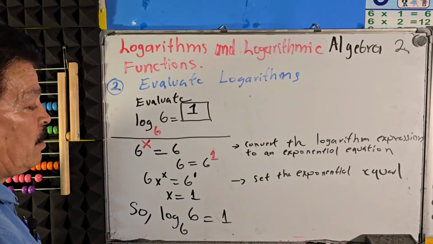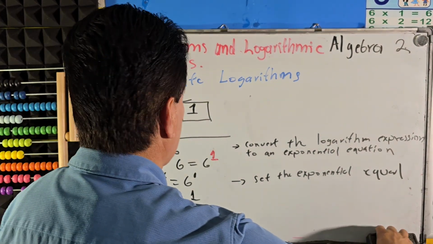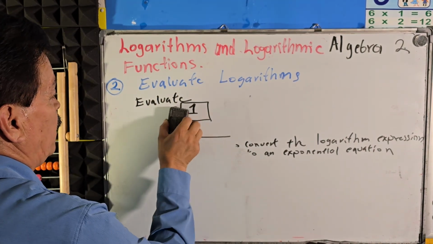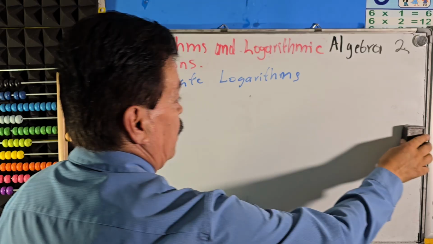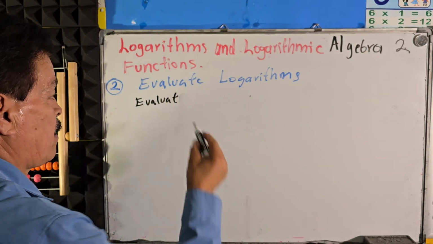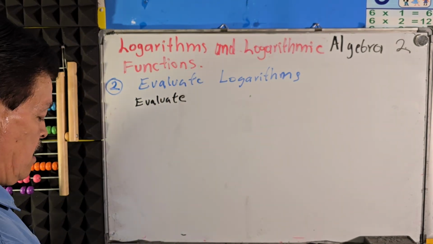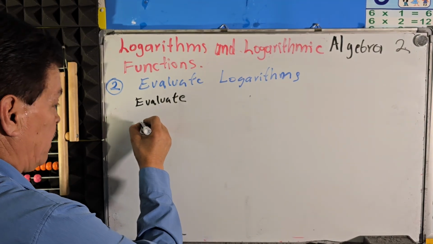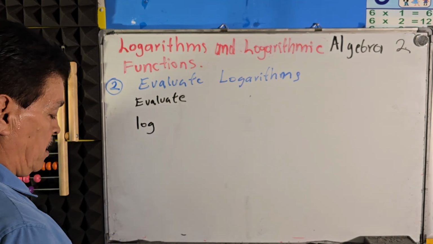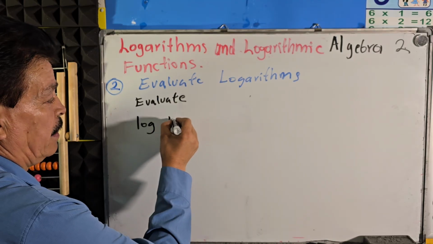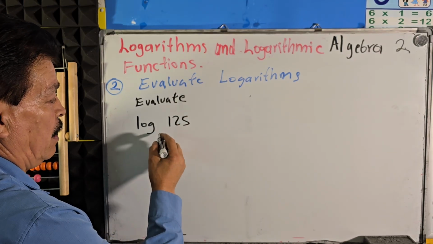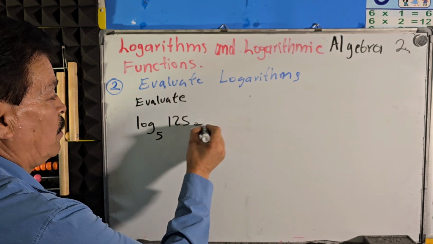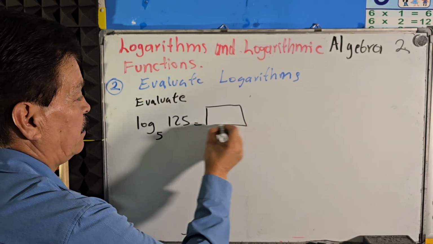Let me do another one. Let's try to evaluate another example. Let's write the logarithm of 125 with the base 5, equals, we don't know here.